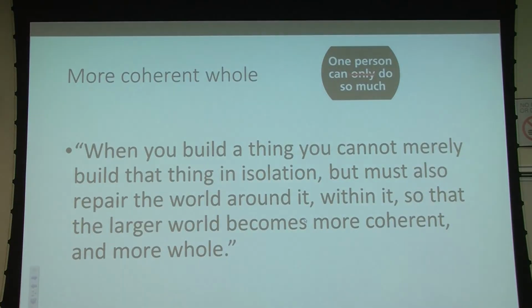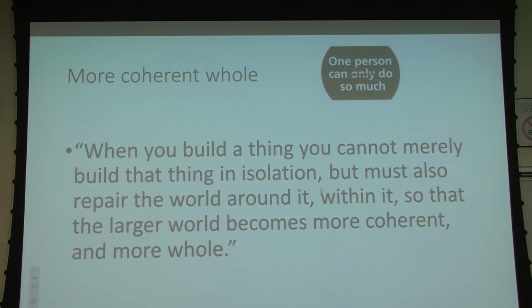So here's, from this one, Christopher Alexander talks about when you do your job right, in the end, there's a more coherent whole. Okay, and I put this up here. I love this little thing. One person can only do so much. When you build a thing, you can't merely build that thing in isolation, right?